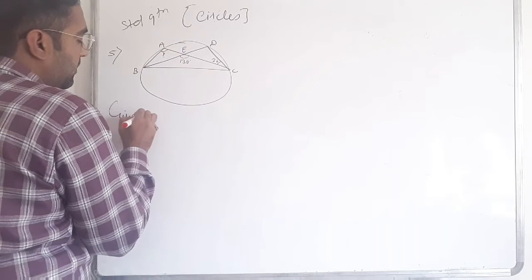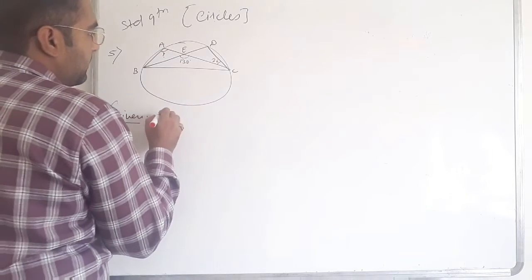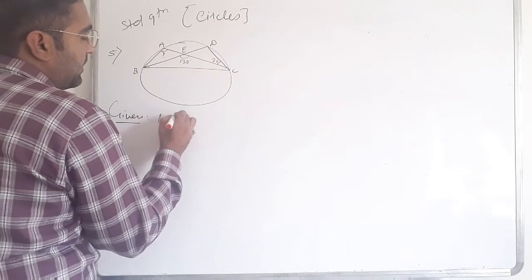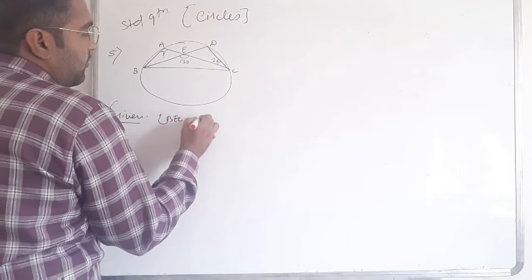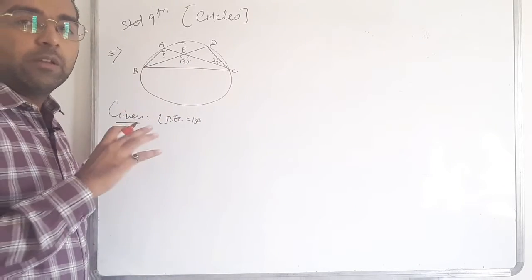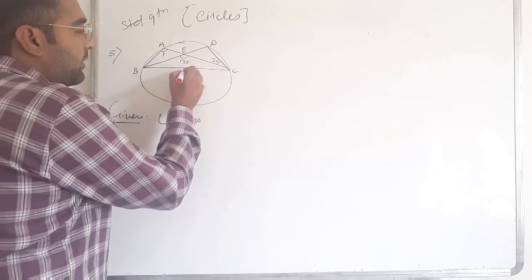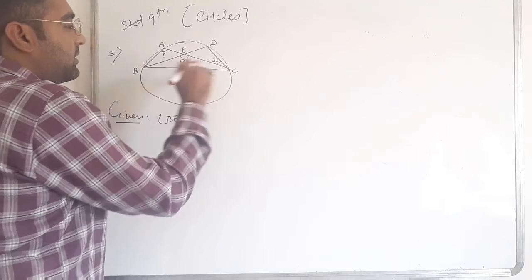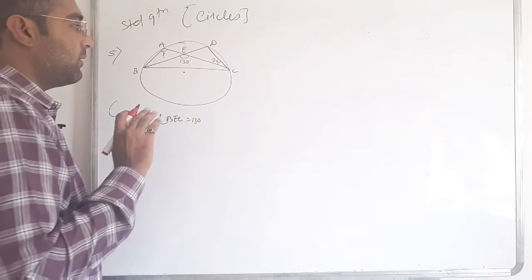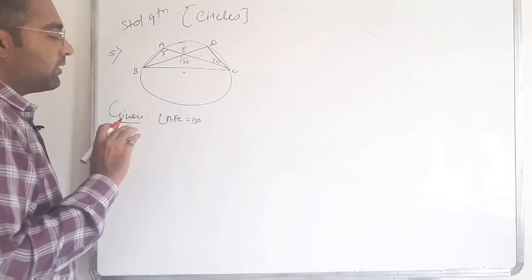As per the given, angle BEC is equal to 130 degrees. Here BC is not a diameter, so your center of the circle is here and BC is one of the chords, so please don't forget that.